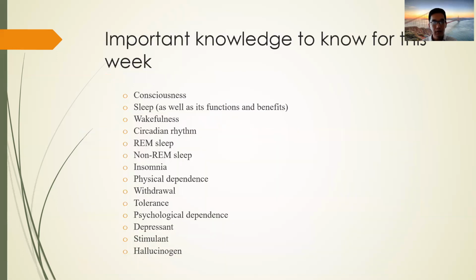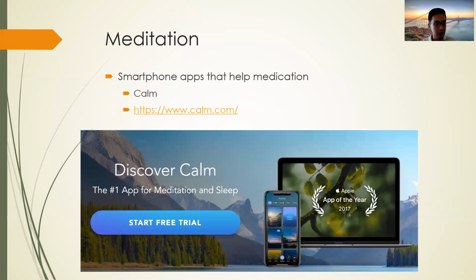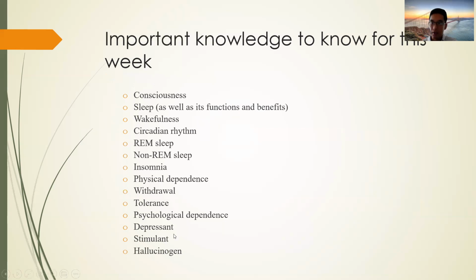Okay, so that's all for this week for consciousness. And here is an extra slide that shows all the key concepts you need to know for this week. For example, you need to know what consciousness is. We talk about consciousness all the time during the lecture.